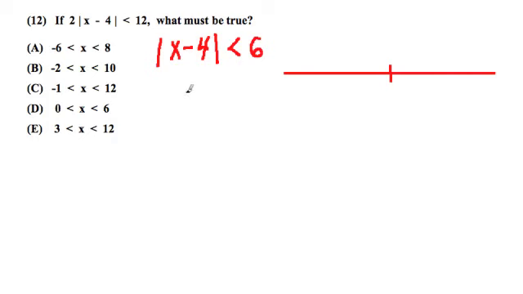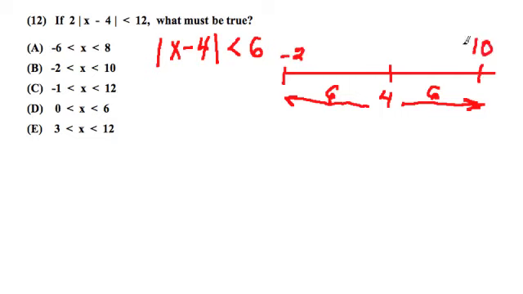Since you can think of subtraction as a distance, you could think of this as all points whose distance from 4 is less than 6. So they would be all points less than 6 in that direction and less than 6 in that direction, or between negative 2 and 10, which is B.